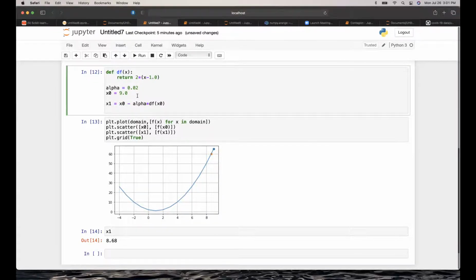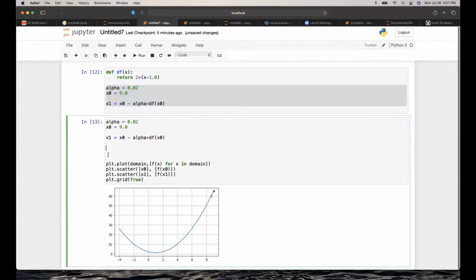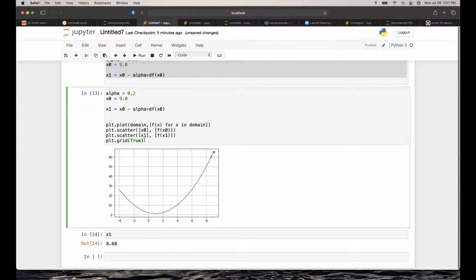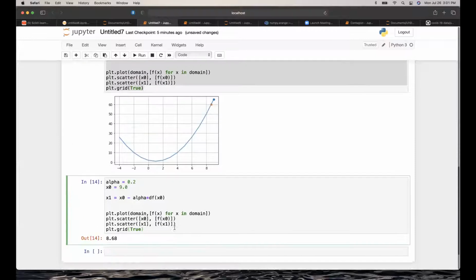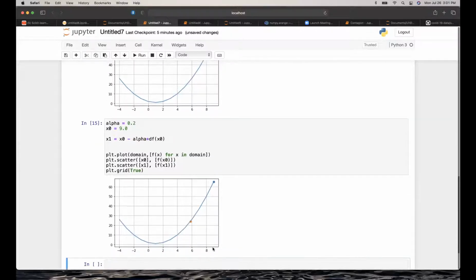So what about if we increase alpha to be 0.2? Let's see what happens if we do that. See, the learning rate or the step length is telling us how far to step in the direction of descent, right?